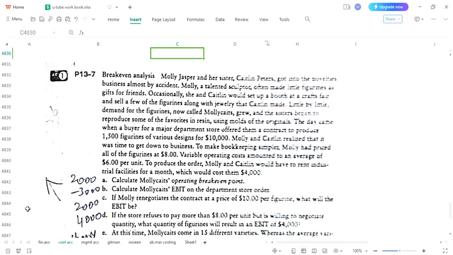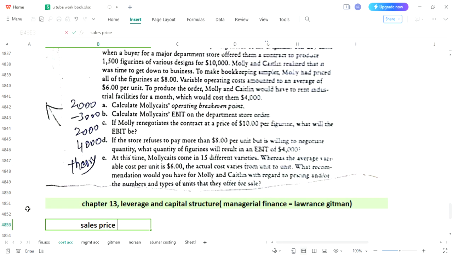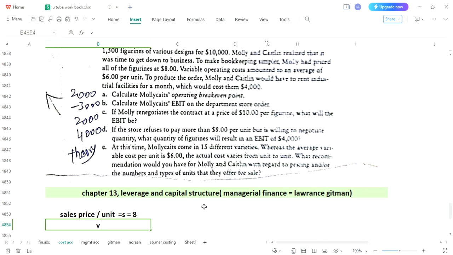Anyhow, we can note it down that we got our sale price per unit, and that is described as $8. Look over here, Molly had priced all of the figurines at $8. Variable cost average has been mentioned.